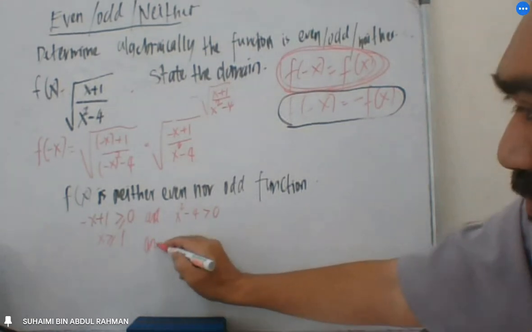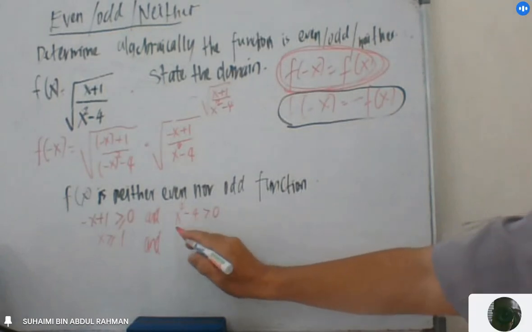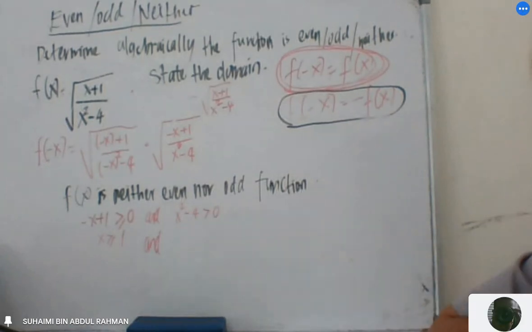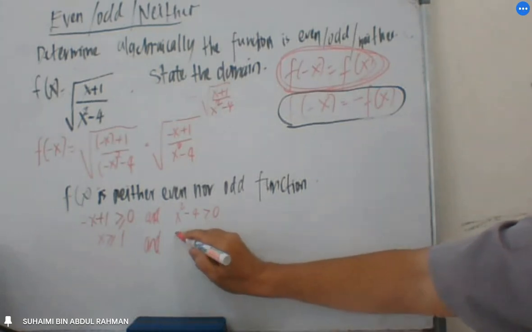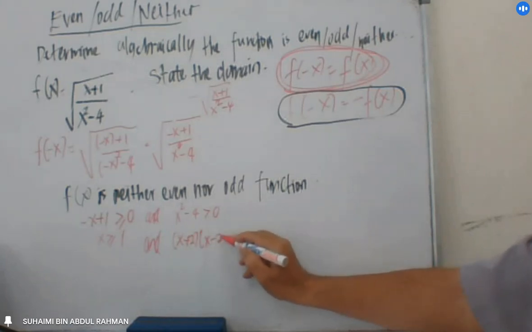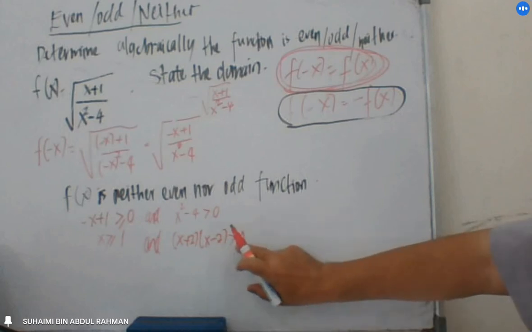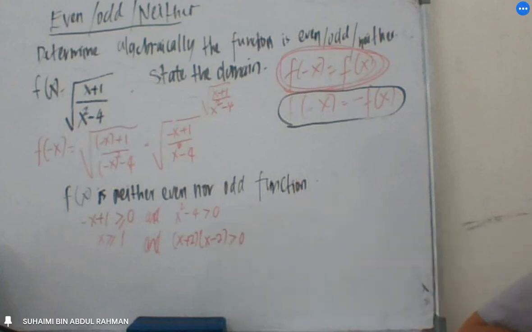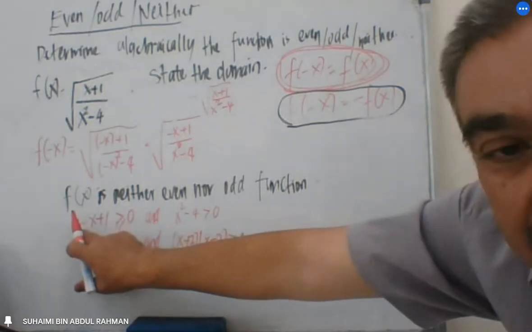And here we factorize. We factorize, we get (x plus 2)(x minus 2) greater than 0. Now it involves an inequality. Even the earlier one involved an inequality, but it was linear.